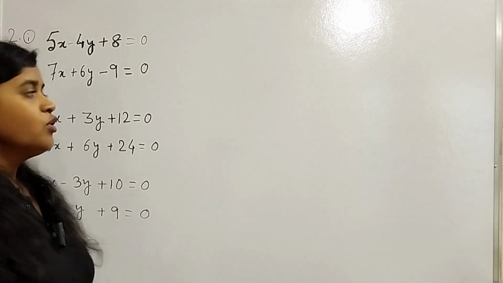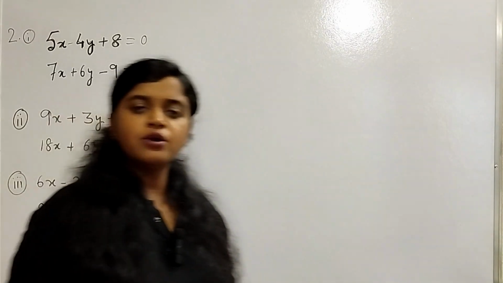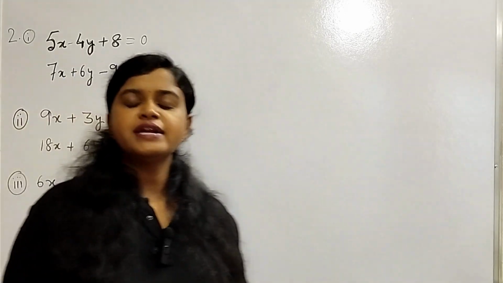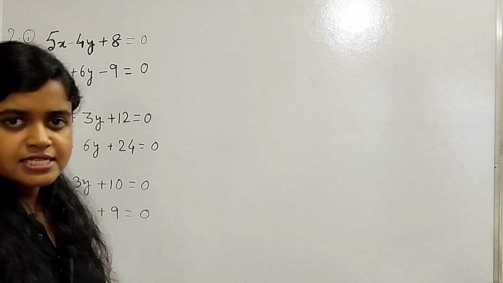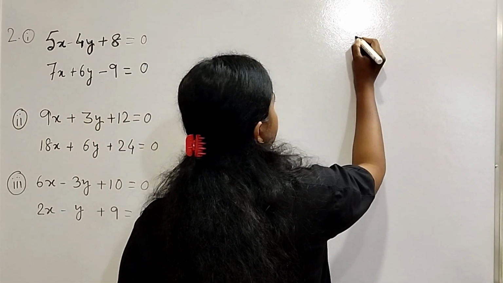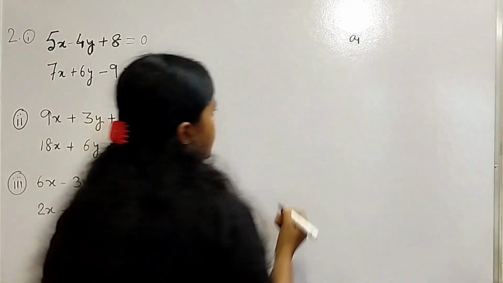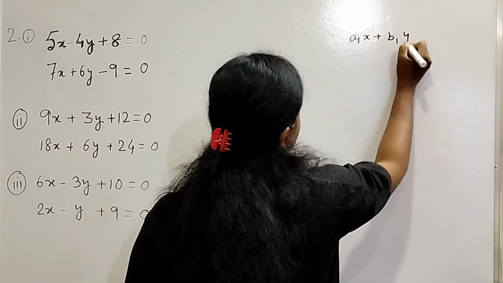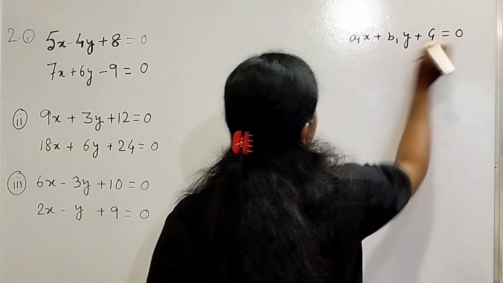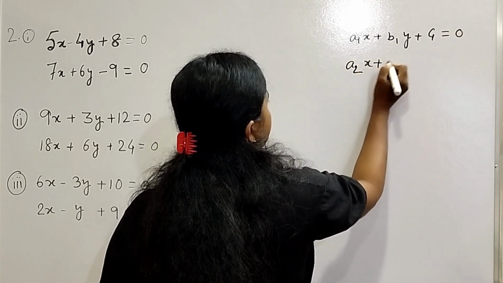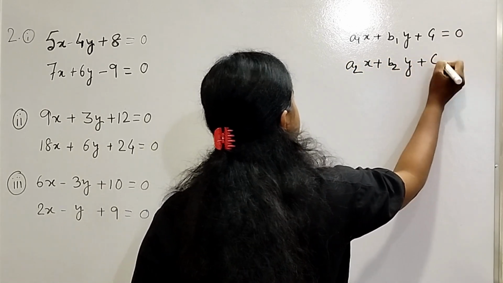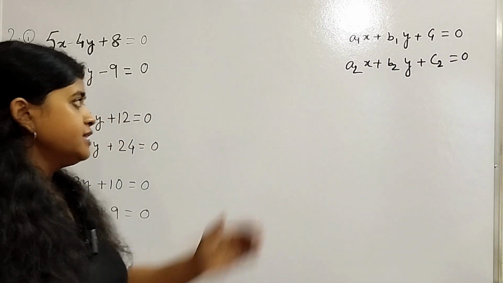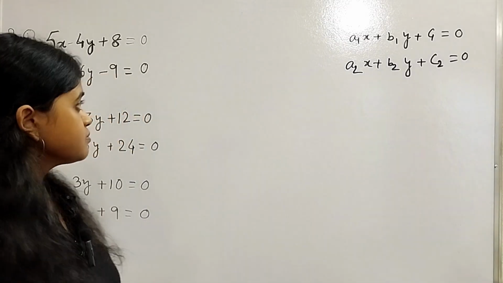So here we have to find the ratios A1 by A2, B1 by B2 and C1 by C2. Let us discuss this topic. If I write a general pair of linear equations, A1x plus B1y plus C1 equals 0 and A2x plus B2y plus C2 equals 0, these are the standard form of a pair of linear equations.